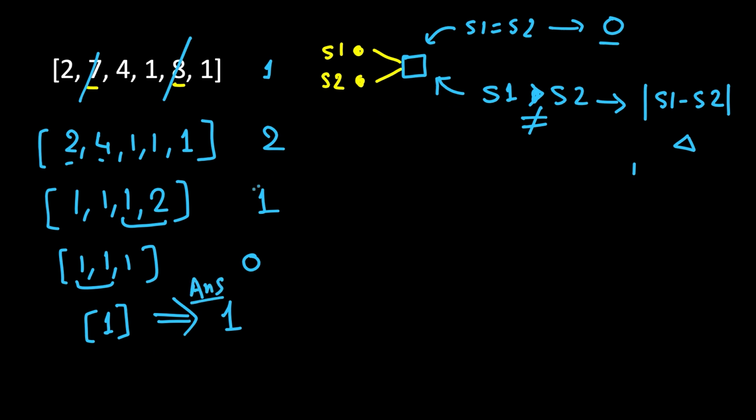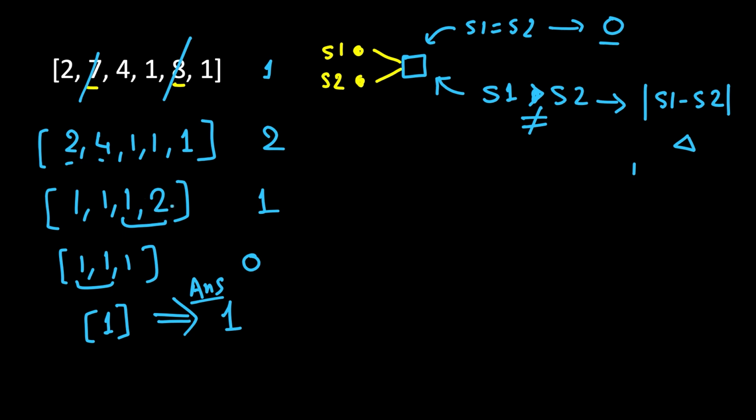Let's backtrack and see what other case there can be. Let's say 2 was already there, and let's say we got 6 instead of 7. Then the difference would be 2, and we would have inserted 2, getting 2, 4, 1, 1, 2.